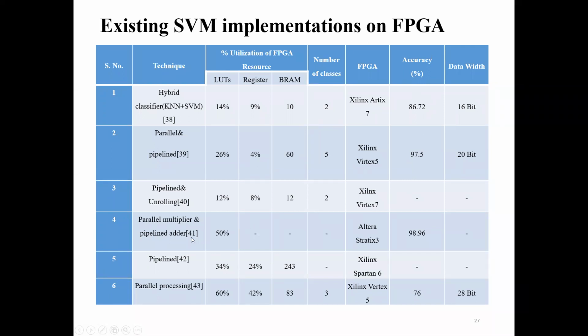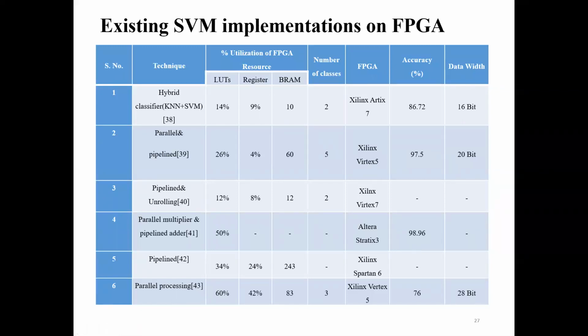You observe that using the technique of parallel multipliers and a pipelined adder for the support vector machine classifier implementation, they are able to get a good accuracy of 98.96.